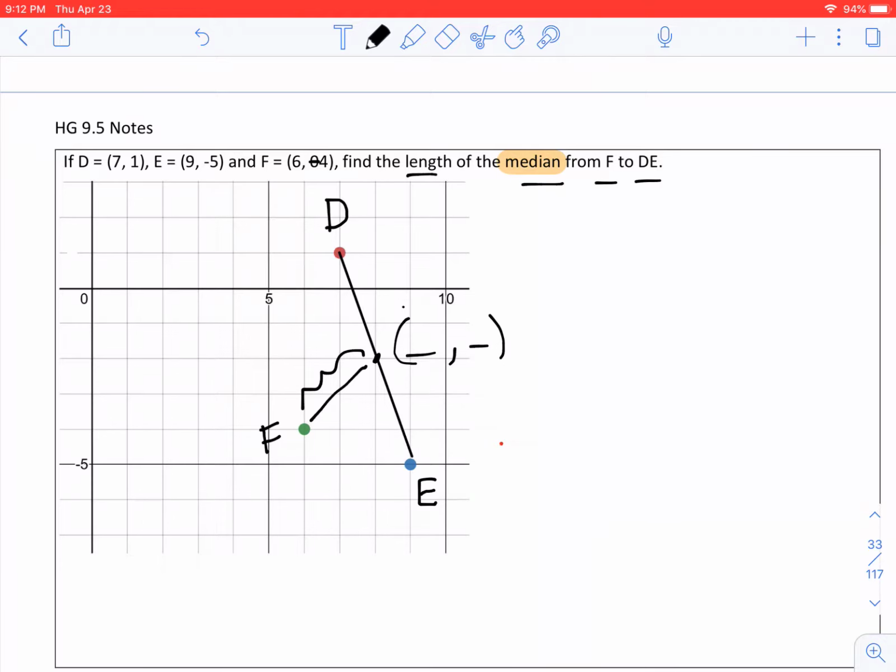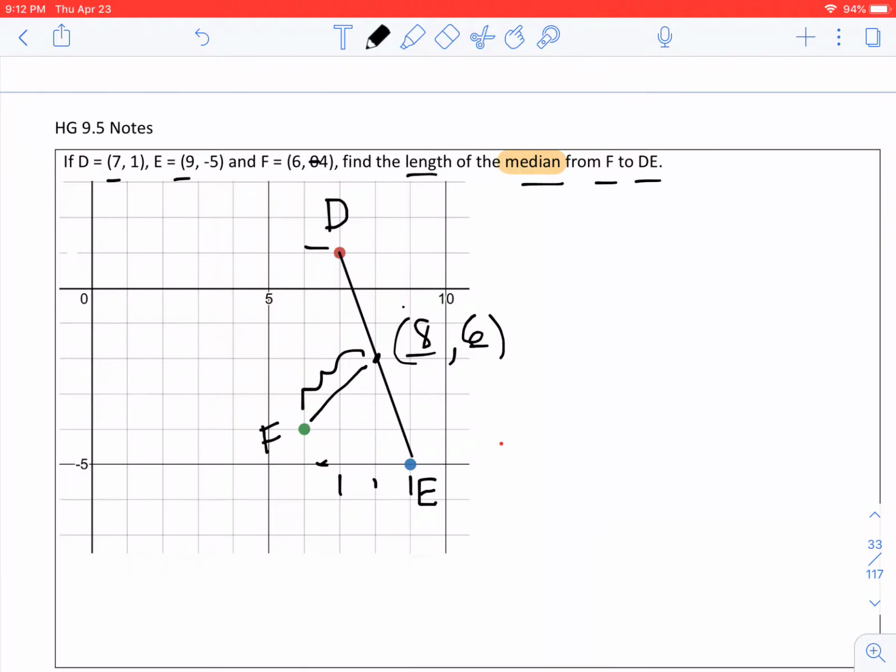You could guesstimate, and it's pretty obvious at this point what those coordinates are. In fact, you could just look on here and say, oh, what's halfway between those two values. You don't need to add up the 7 and the 9 and say 8. What is the distance from here to here and half of that? Well, that's pretty obvious to see. I don't need to add that up to tell me that we have a distance of 6.